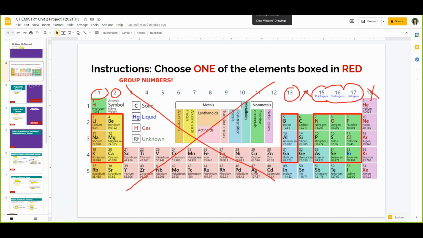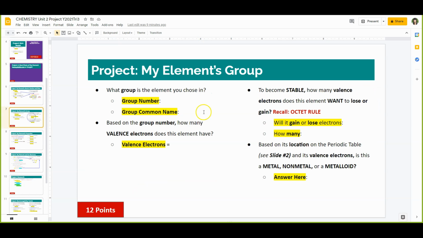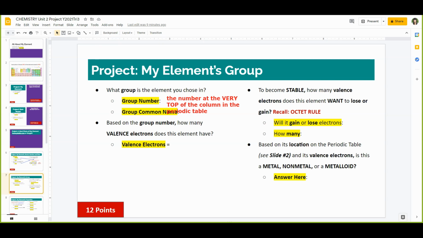Your group number is going to be the number at the very top of the column in the periodic table. And again, we can just find that from slide number 2.